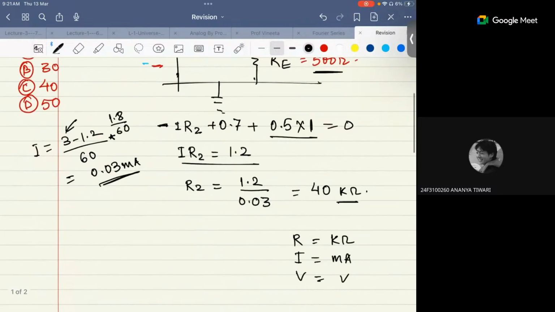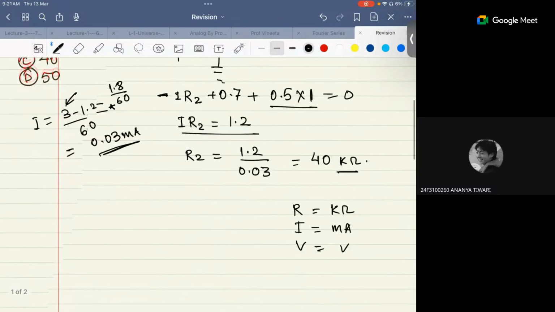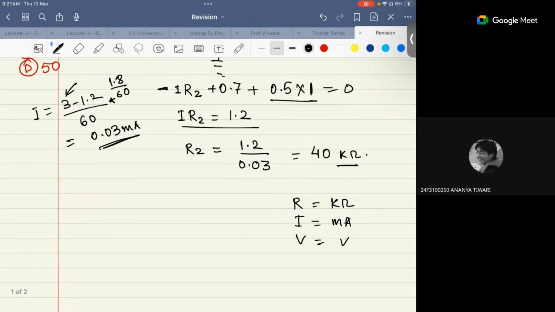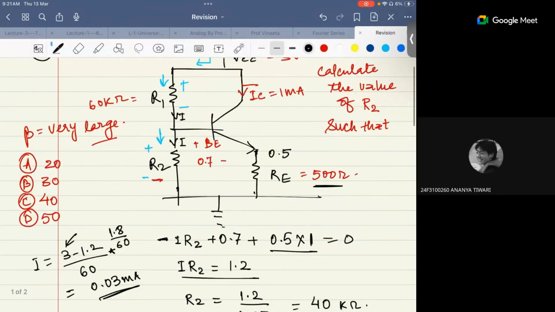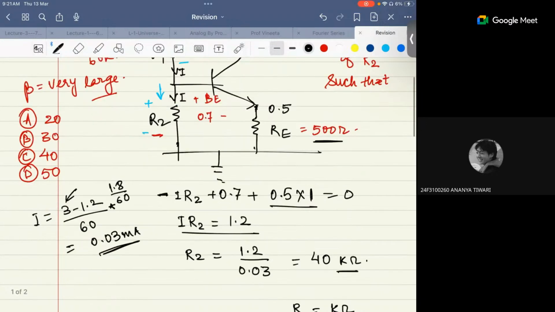Anywhere in the BJT, in the exam also, if a resistance is in ohm, don't write it as 10 to the power 3 or something like that. Here the resistance was 500 ohm, and I wrote it as 0.5 kilo ohm.